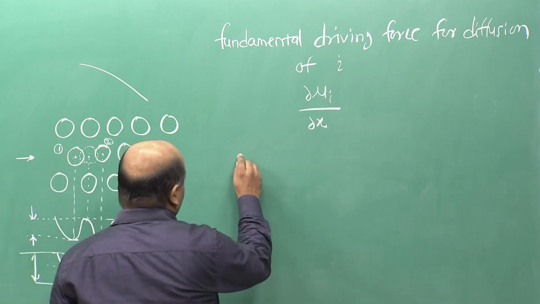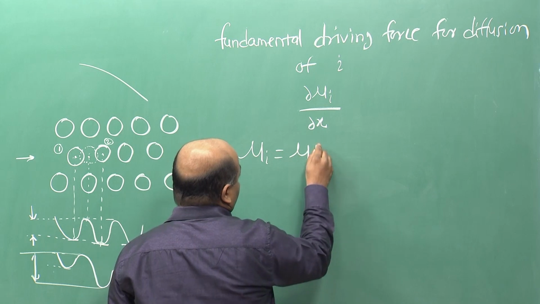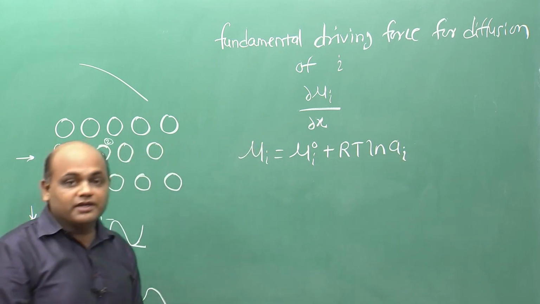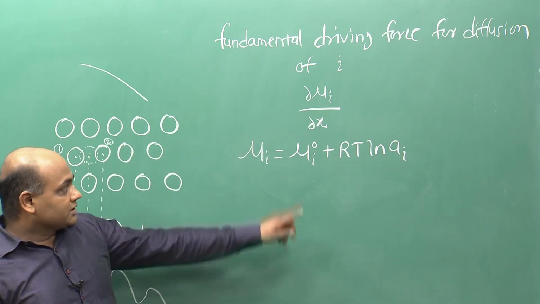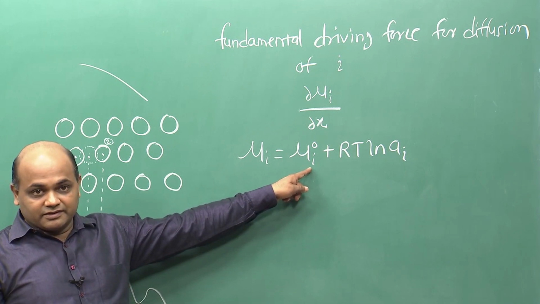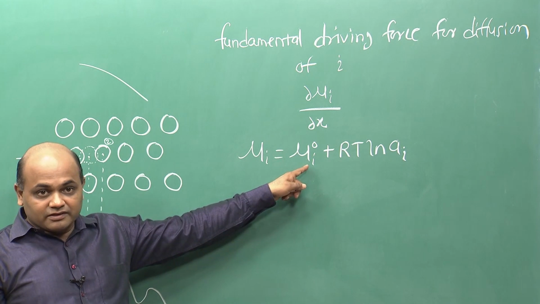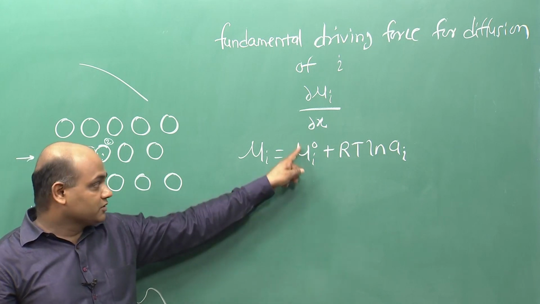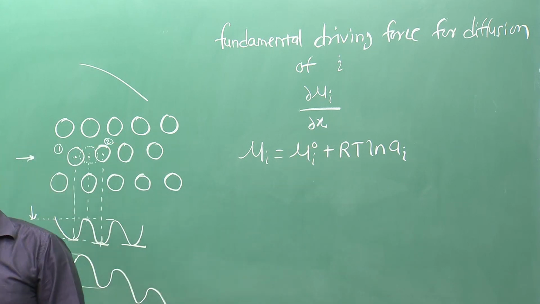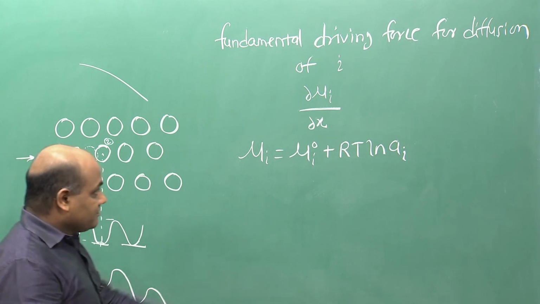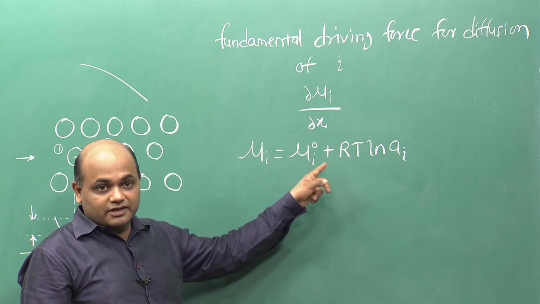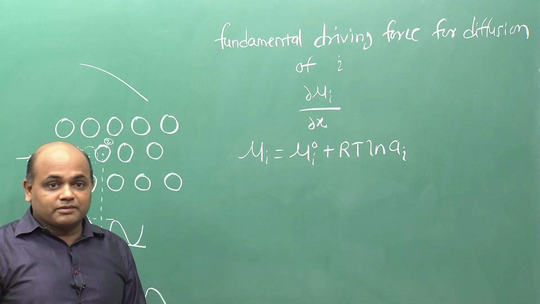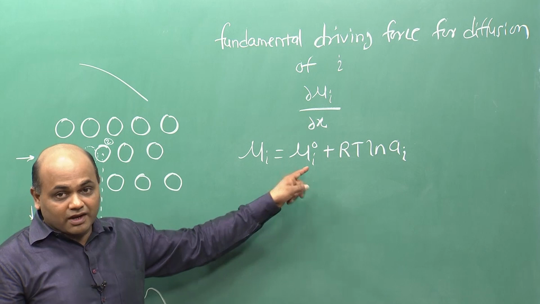Now, we know mu I is basically mu I 0 plus R T ln A I, where mu I 0 refers to the chemical potential of I in the standard state, and typically the standard state is the stable state of pure I at the temperature T. So, this most of the time refers to the molar Gibbs free energy of pure I at temperature T. You can select any standard state, in that case it will not be the molar Gibbs free energy of pure I, but you need to consider the chemical potential of I in that state.